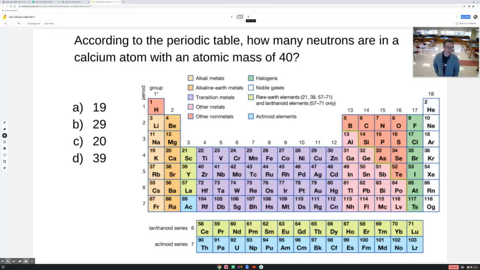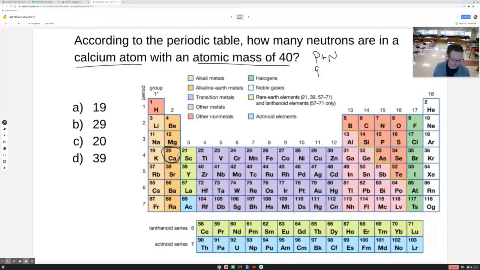So first, according to the periodic table, how many neutrons are in a calcium atom with an atomic mass of 40? So we have to keep in mind two things: atomic mass of 40 and that this is a calcium atom. Remember that the atomic mass equals the protons plus the neutrons. Well, in order to find the protons, we need to look up the element on the periodic table.